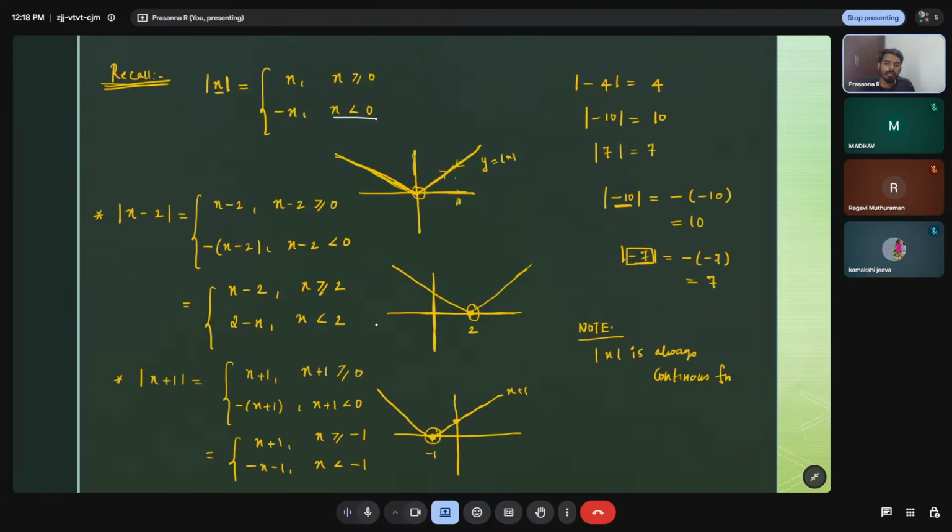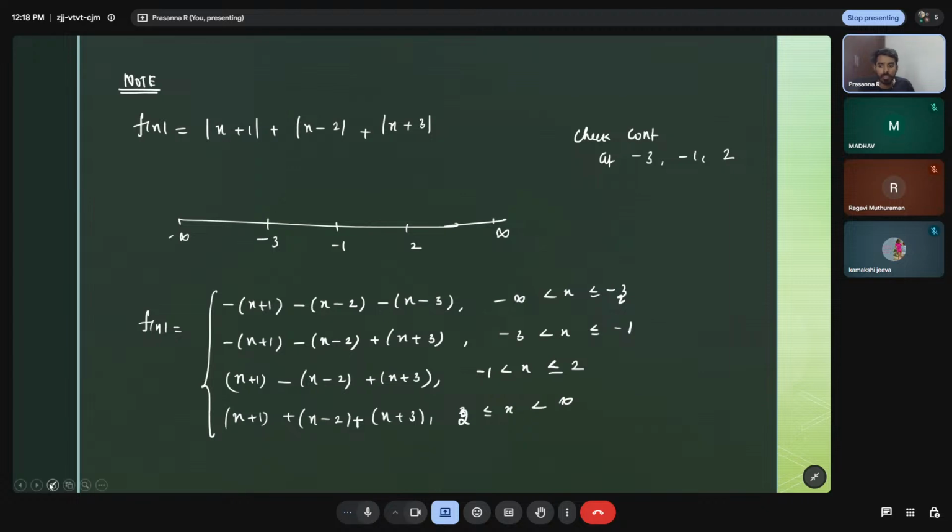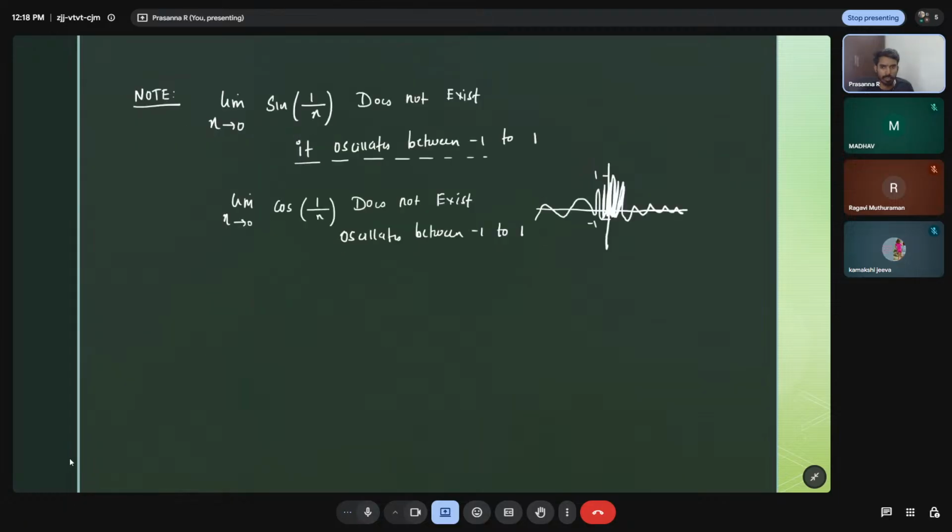Now we know that f is continuous if LHL, RHL and function value are all equal, right? Suppose f is discontinuous, what is the case? Your LHL, RHL and function value are not all equal. Then we say it is discontinuous at that point. Now the types of discontinuity can be classified, right?